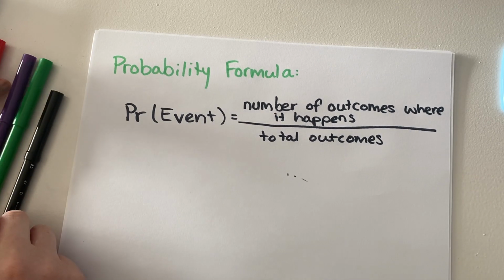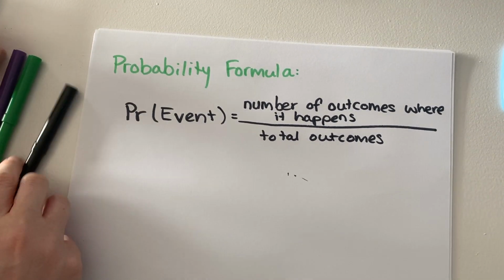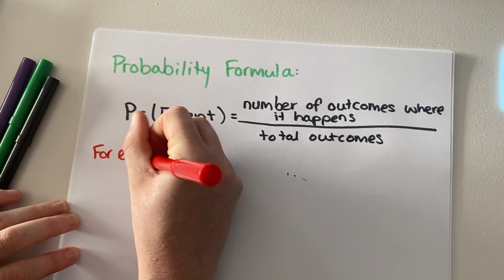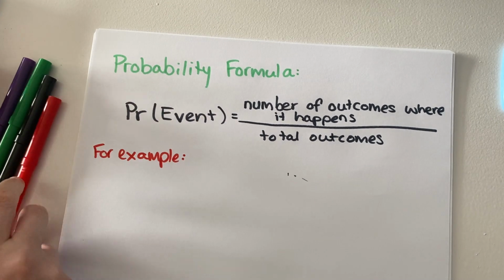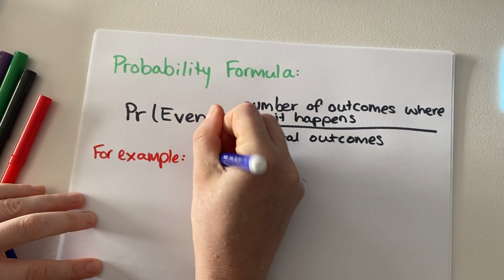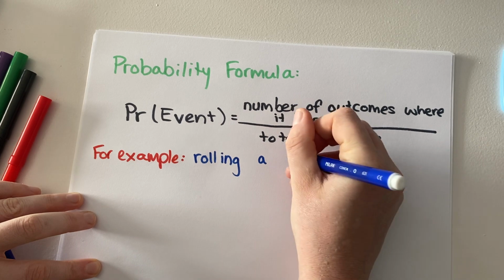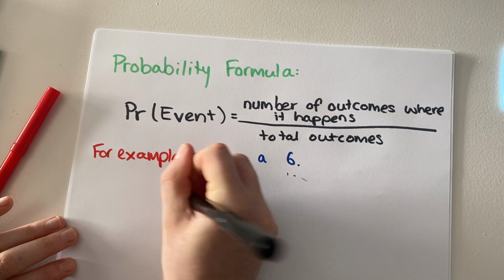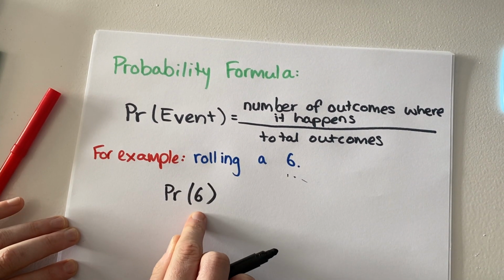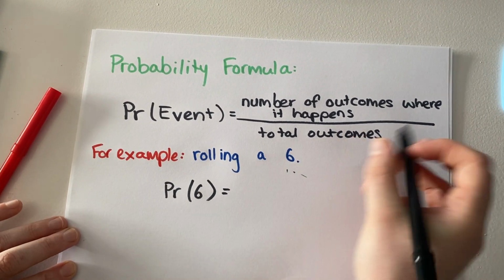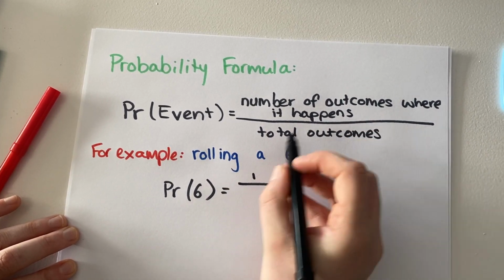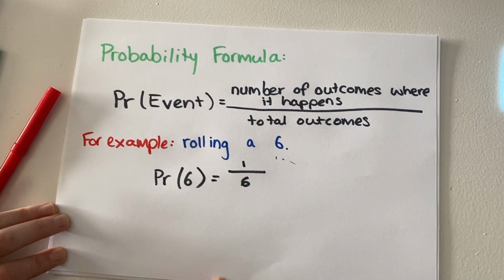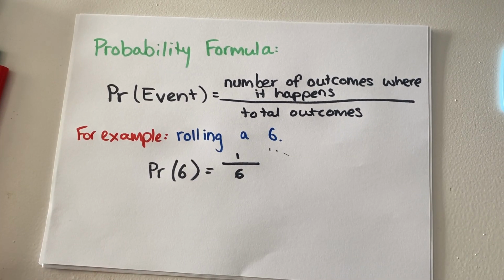So if we put that as an example, just so you remember, there's 1 six, so we put PR 6 because our event is rolling a 6. Then there's only 1, so we put the 1 on top. There's 6 different numbers on a dice, so we put the 6 on the bottom. And that's basically how we apply it.